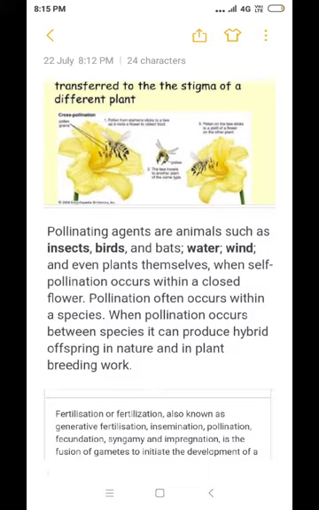Pollinating agents are animals such as insects, birds, and bats, water, wind, and even plants themselves.